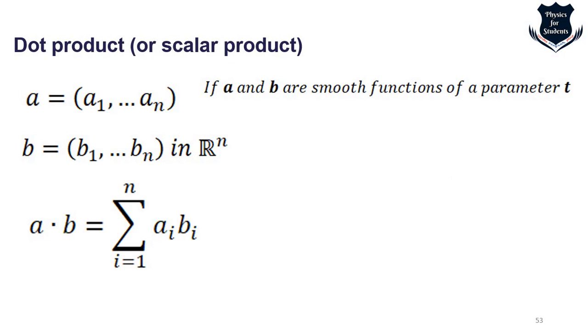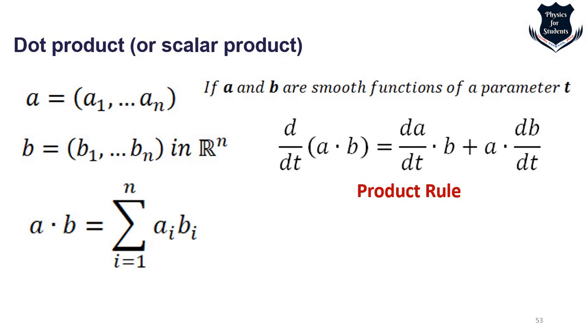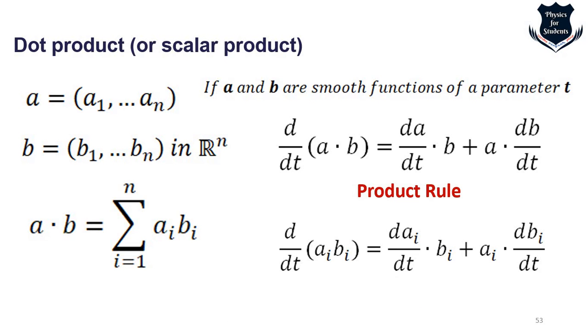So here it is, to find this. This follows from the definition of the dot product and the usual product formula for scalar functions, which is this. So just as you see, with a and b as smooth functions, we are getting the product rule.